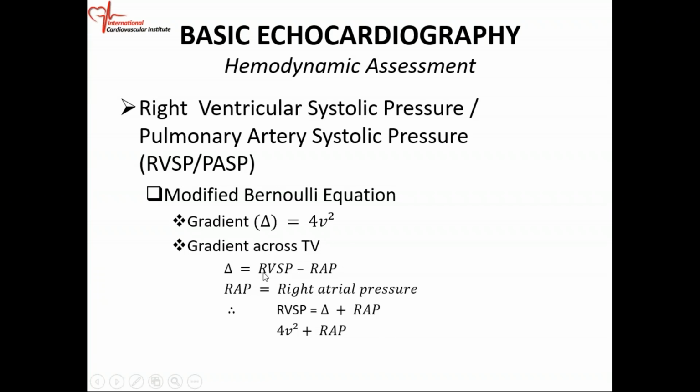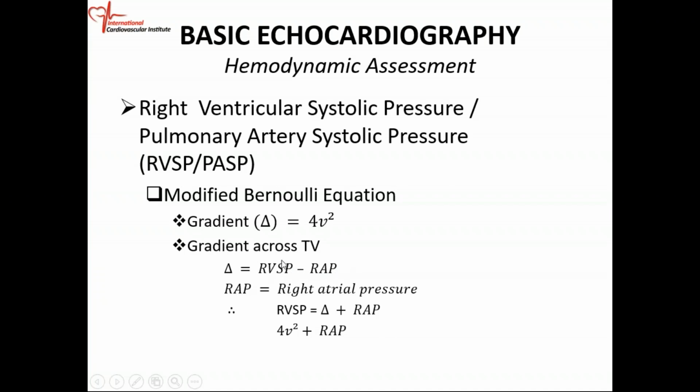The RV. So if you remember, tricuspid regurgitation occurs in systole, right? Tricuspid regurgitation occurs in systole. So it's the right ventricular systolic pressure minus the right atrial pressure in systole. So this is the gradient.